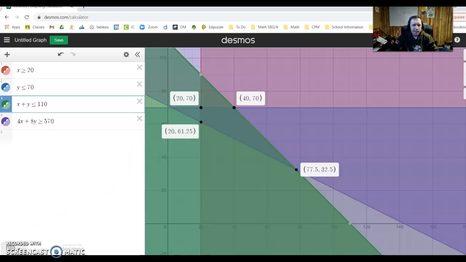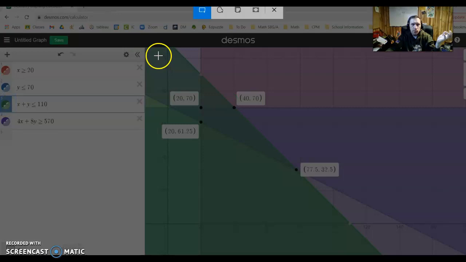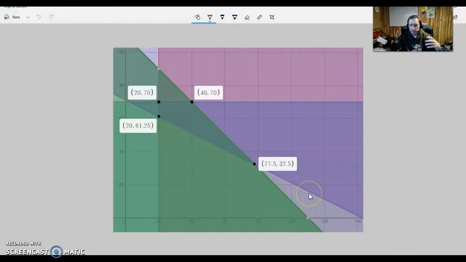So pause and think about some of those solutions that could work. So if you remember 15, 60 and 20, 70, those are two things that worked for us using those bounds. Let's grab this image one more time here. And let's look at what this graph means. If you're trying to make that $570 at least, right, anything that falls within these boundaries right down here, I can't get too precise, but you can see this.